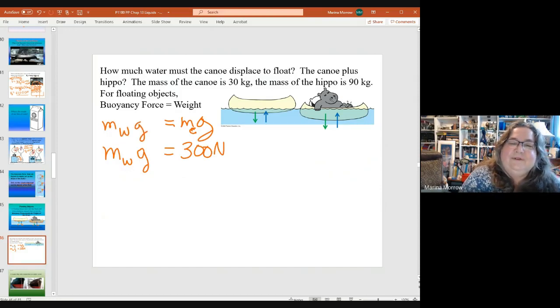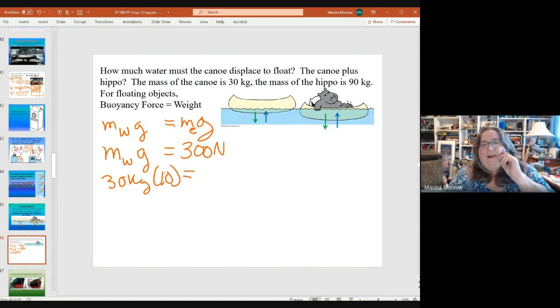That must be equal to the weight of the canoe. And so how much are we going to need? We're going to need 30 kilograms of water times g, of course, times 10, to make that 300. So they're equal to each other, right? You can see how g would cancel out. You would need the same amount of water being displaced as the weight of the object.